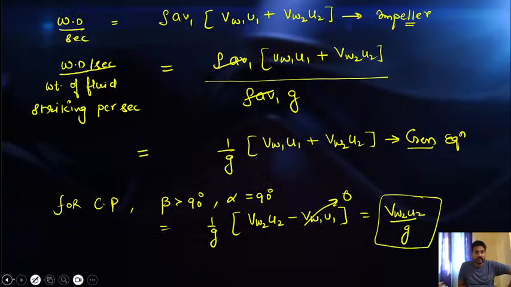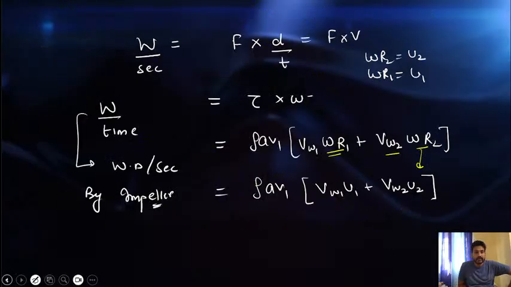A we write is the area of the wheel or the cross section area of the pipe. No, not the cross section of the pipe and not the cross section of the wheel. That area is basically the impeller area, the area in which water is actually flowing.